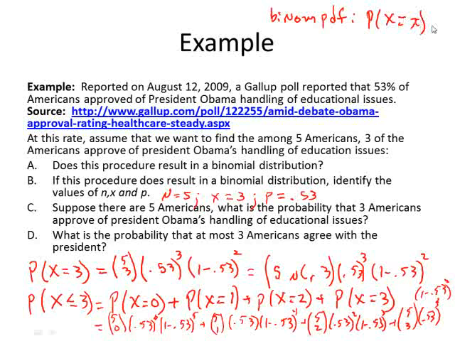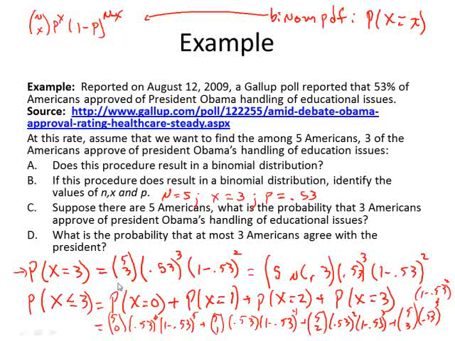The Binom PDF will compute n choose x, p to the x, 1 minus p to the n minus x. That's what it'll do for you. So let's compute this.